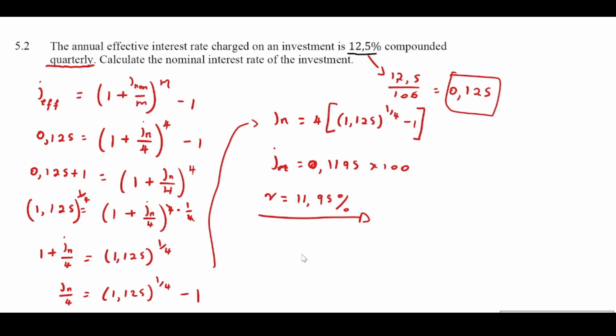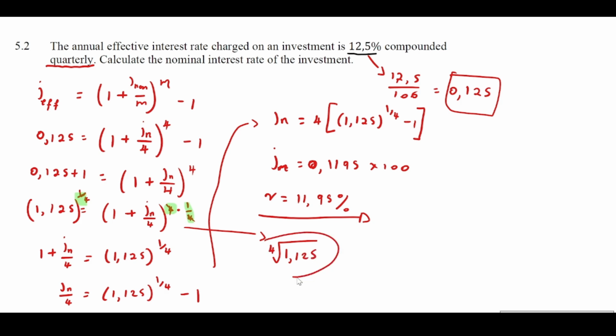Remember, guys, in finance you only round off once you get to the final answer. Here, just if you do not understand, you can use the fourth root as well. By introducing the fourth root, what I mean is that instead of having 1.125 to the exponent of 1 over 4, you can have the fourth root of 1.125.